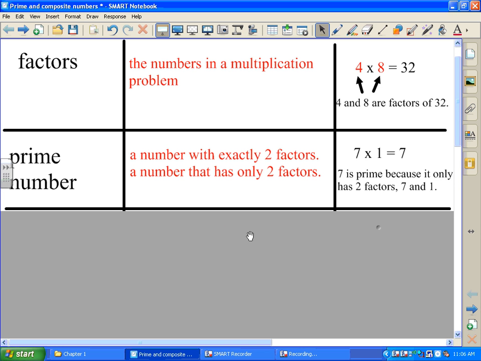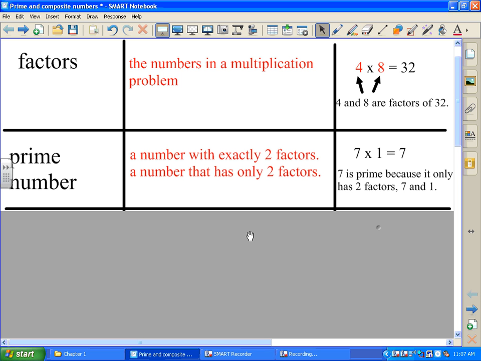Now, the next key word we're going to have to know is prime number. A prime number, you guys, is a number with exactly 2 factors. Another way of saying it is, it's a number that has only 2 factors.